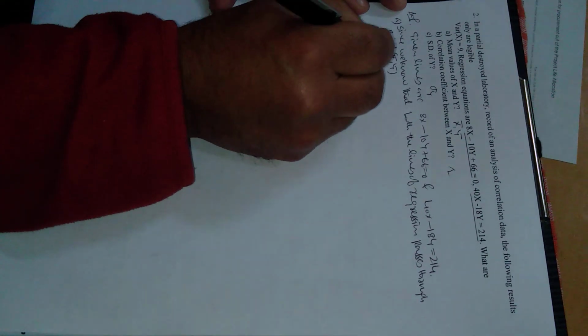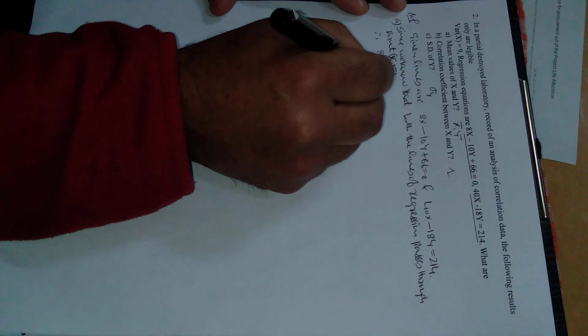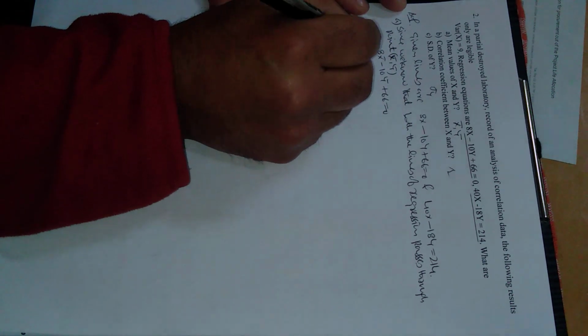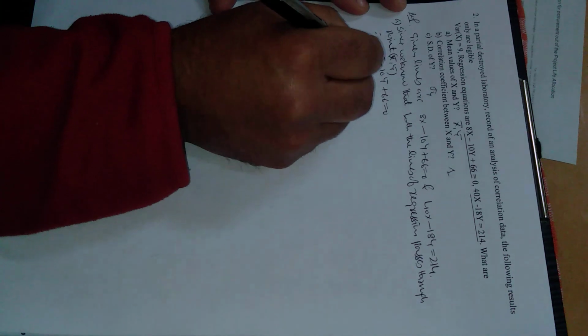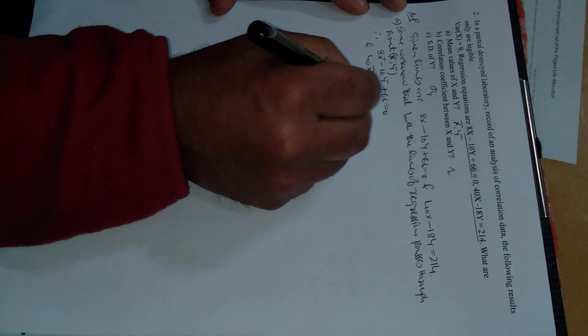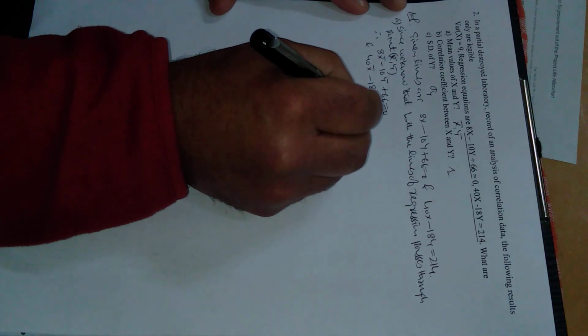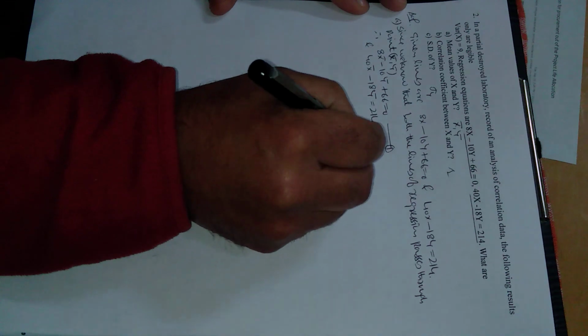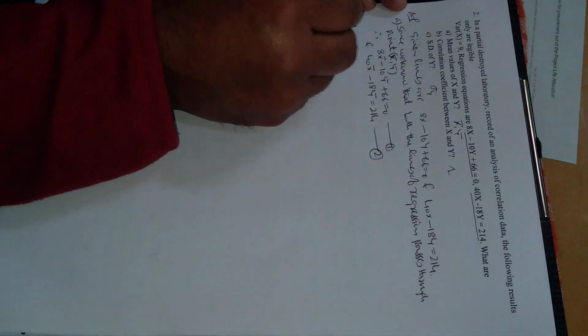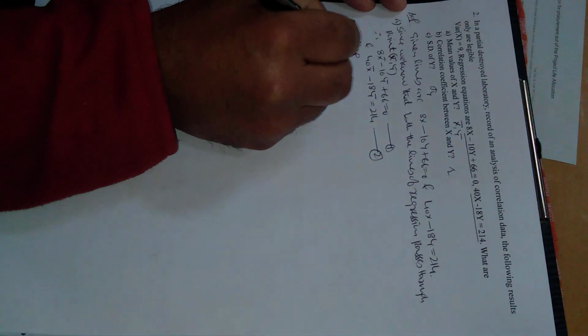Therefore 8x bar minus 10y bar plus 66 will be equal to 0, and the second is 40x bar minus 18y bar is equal to 214. Let us suppose this to be 1 and this to be 2. To find x bar and y bar, we use this kind of operation.